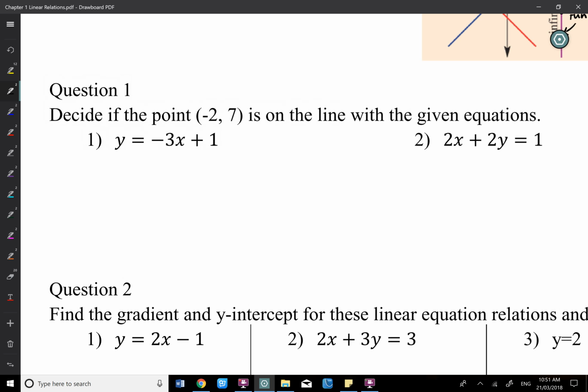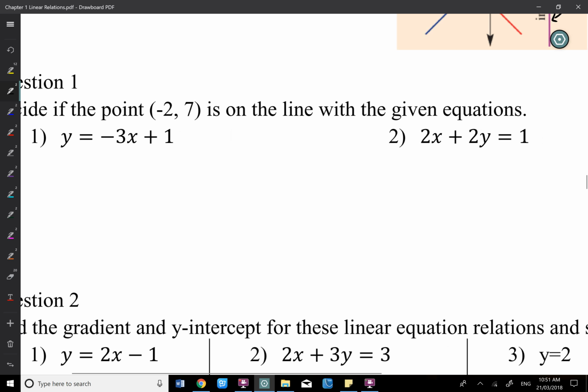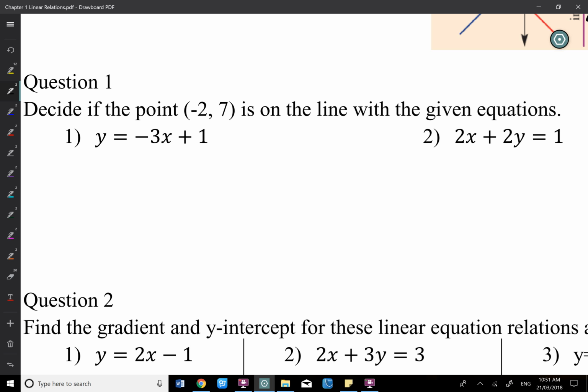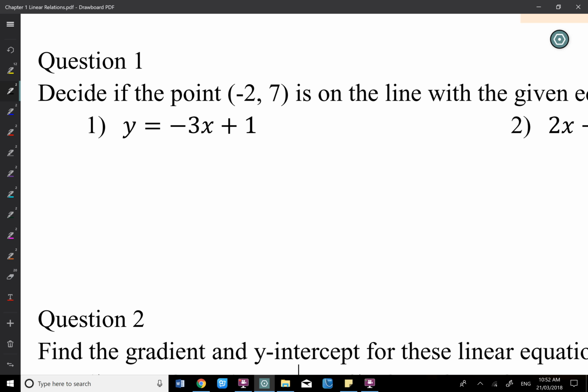So for the first question, let's have a look. Now we want to decide if the point (-2, 7) is on the given line or not. It's a decide question, so it's a proof question that needs to go back to what we had before: left hand side and right hand side.